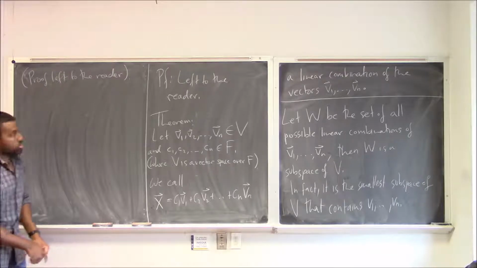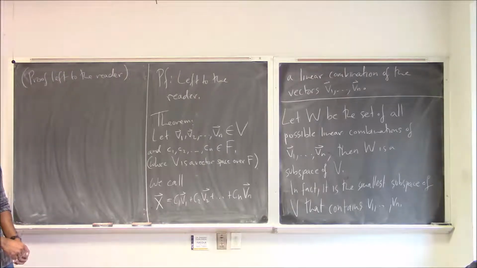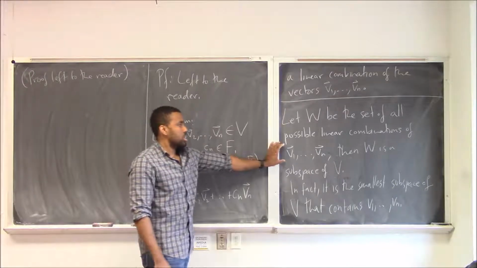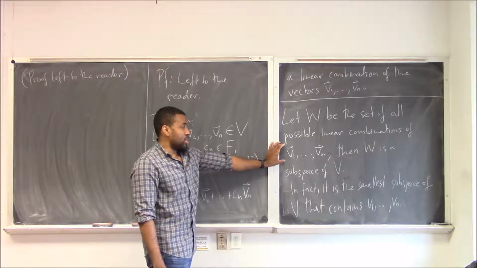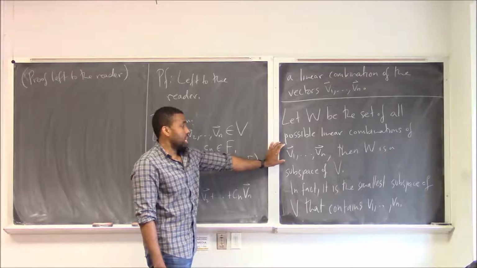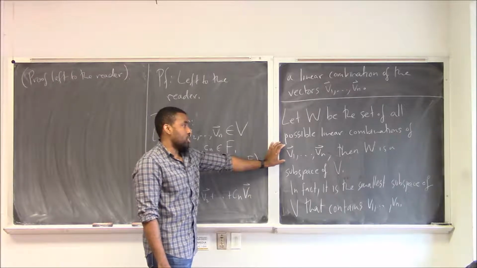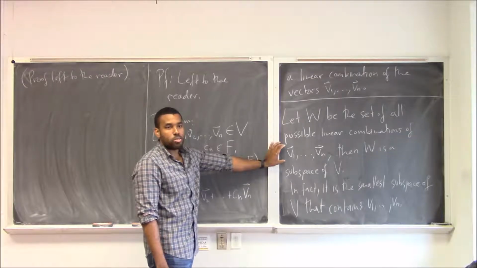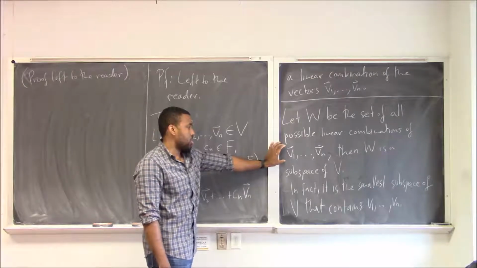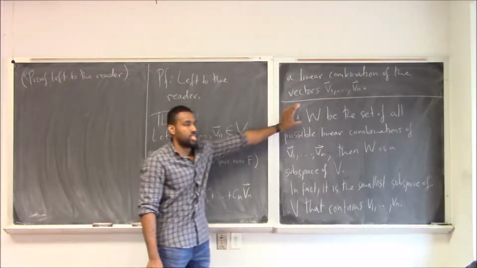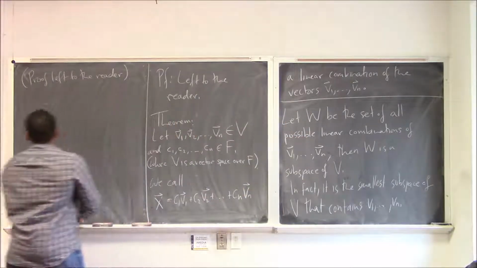So if I assume that R is some other subspace that contains these vectors, because it's a subspace, it must contain any scalar multiple of these vectors. And then it must also contain the sums of all these scalar multiples of those vectors. Therefore, it must contain things that look like this, which means it contains W. Okay.